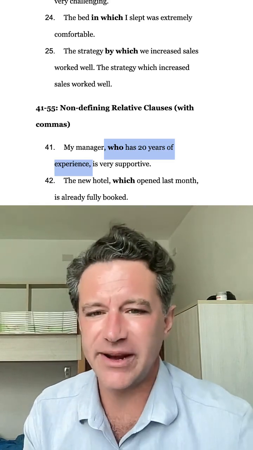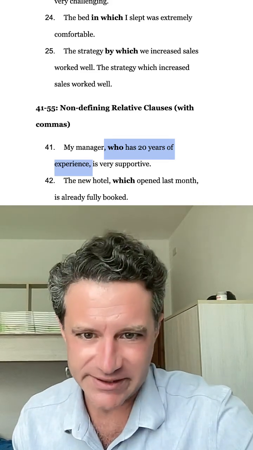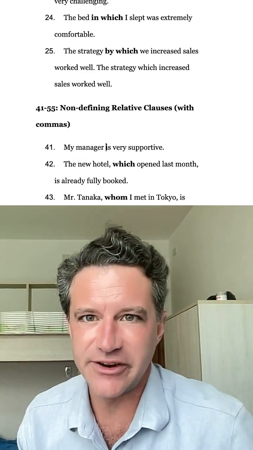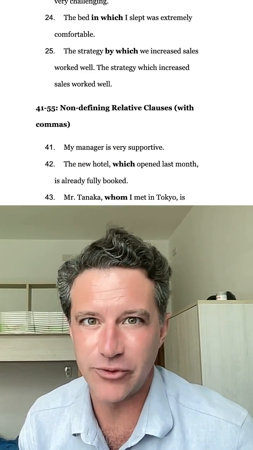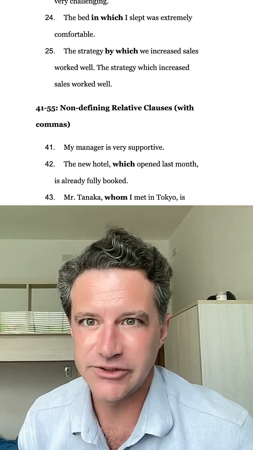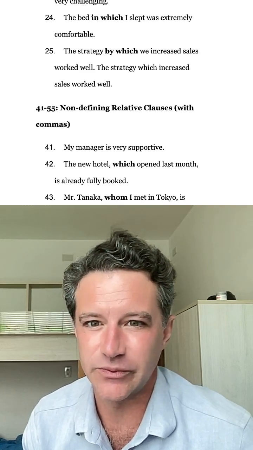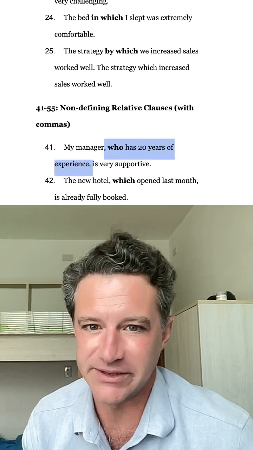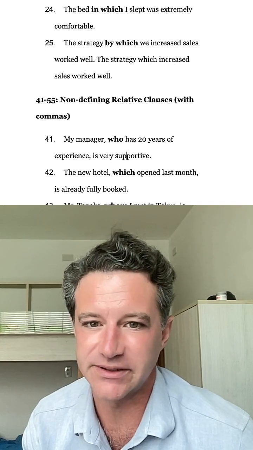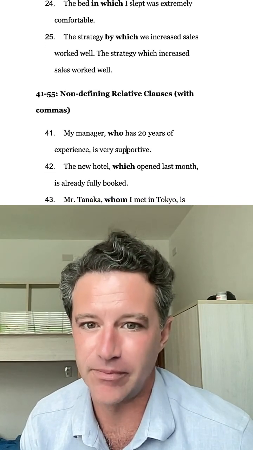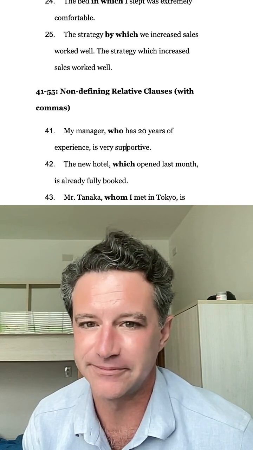I can't remember. But anyway, we can get rid of this. My manager is very supportive, right? The sentence is still correct if we get rid of it. So we must keep those things inside commas, right? My manager, who has 20 years of experience, is very supportive. My manager is very supportive.